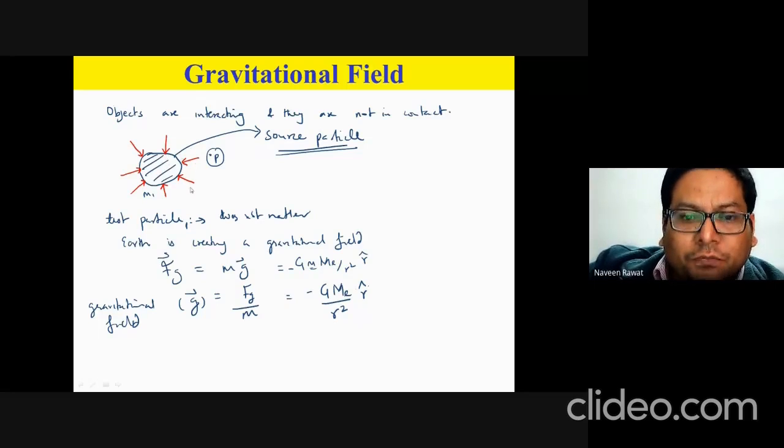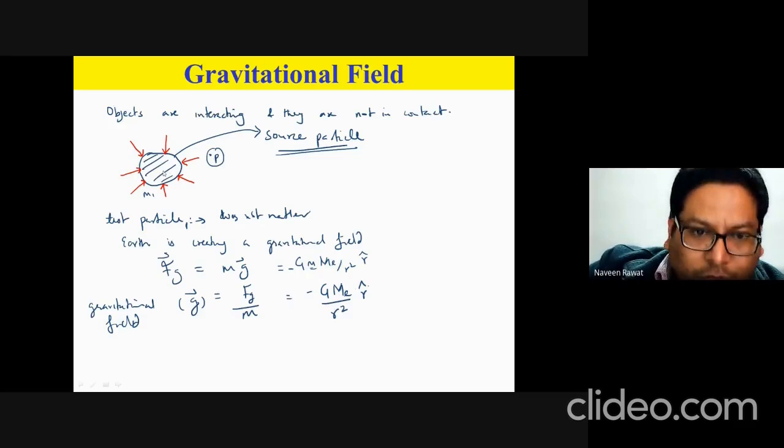The formula that we have to use is g equals F of g, the force of gravity, divided by the mass of the test particle, whatever we put at a certain location P. Our objective will be to calculate the gravitational field at a point that will be created by some other source particle.